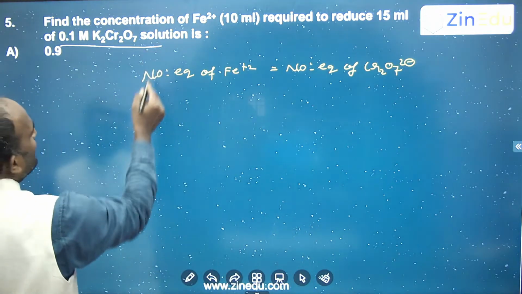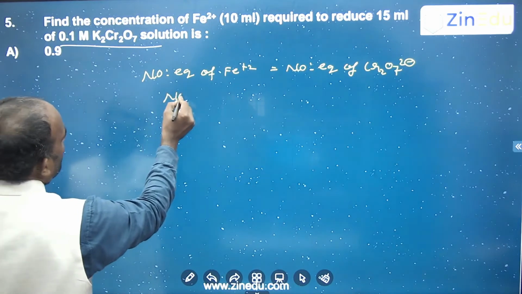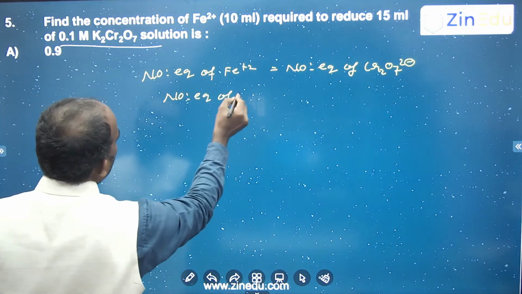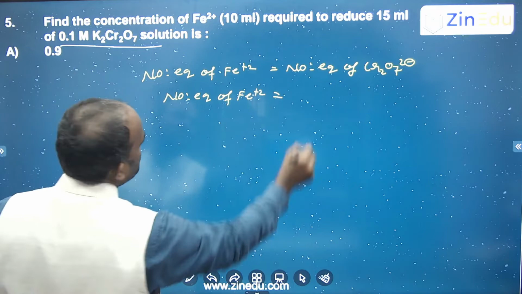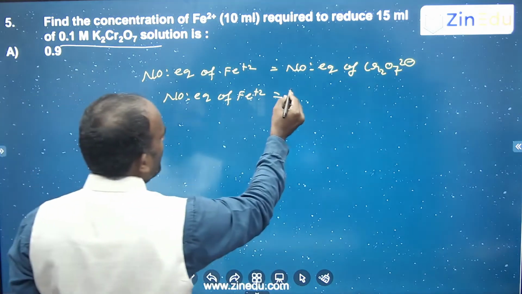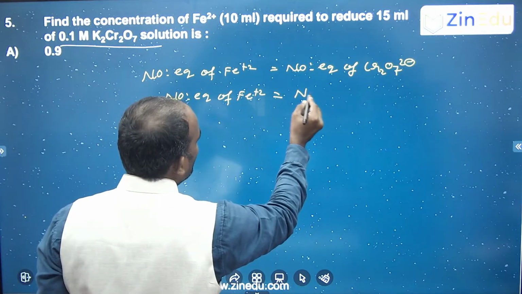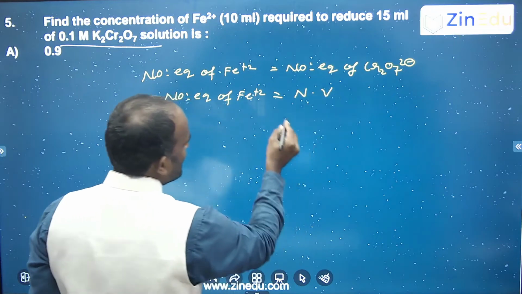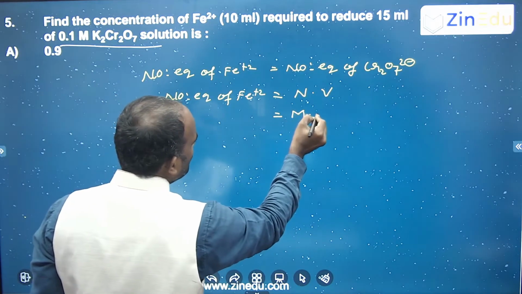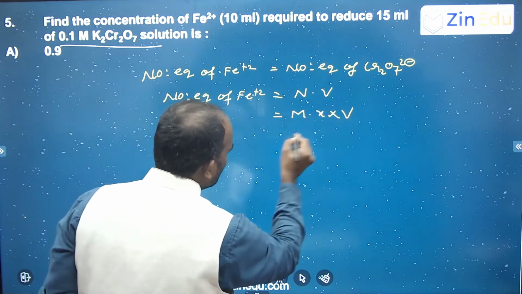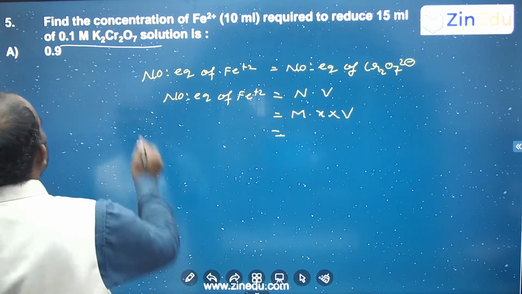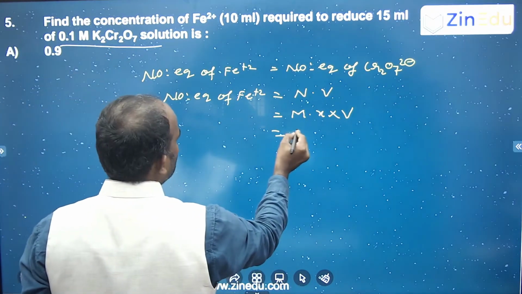So now the number of equivalents of Fe+2 is equal to the number of equivalents of Cr2O7, that is, normality of Cr2O7 into volume of Cr2O7, molarity into X factor into volume V. So what is the molarity of Cr2O7 2 minus here? 0.1.